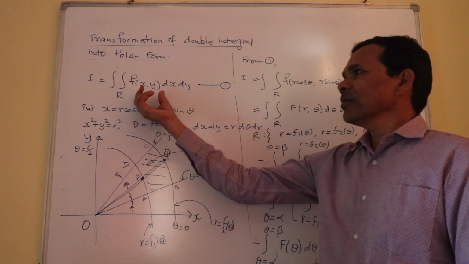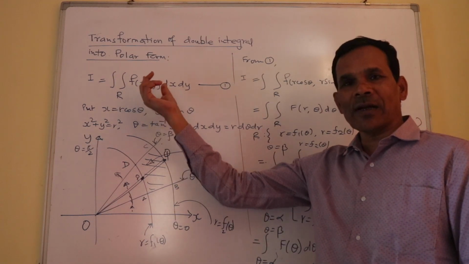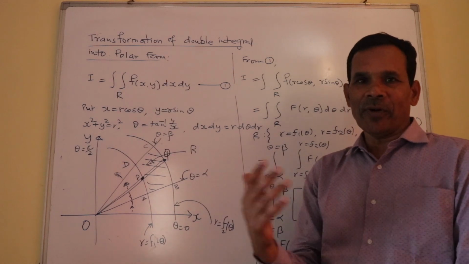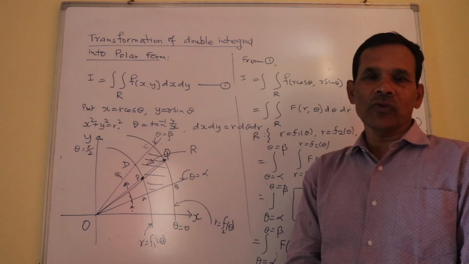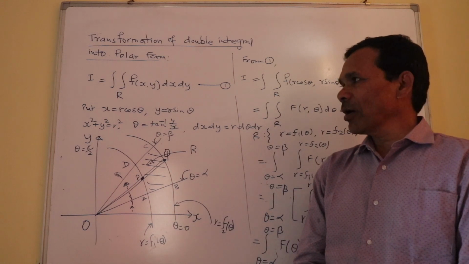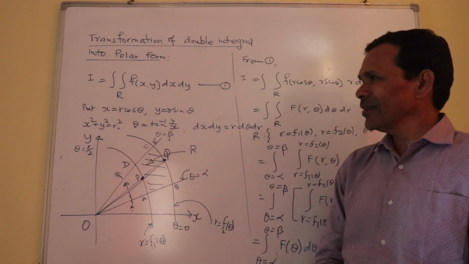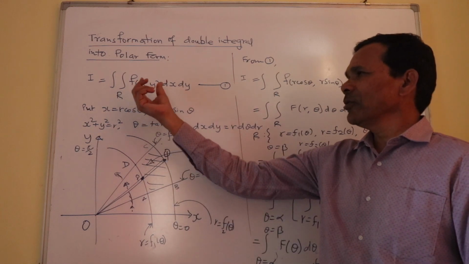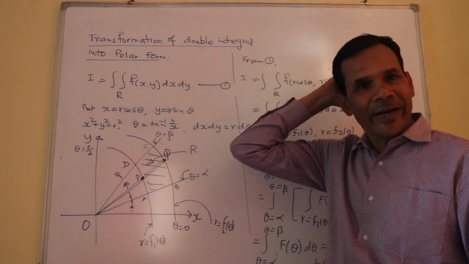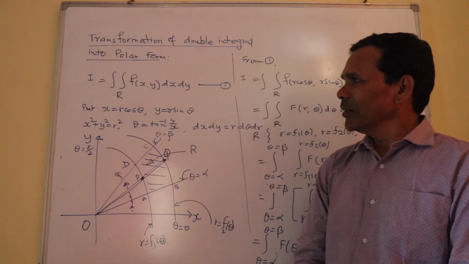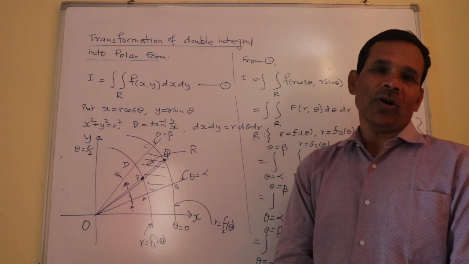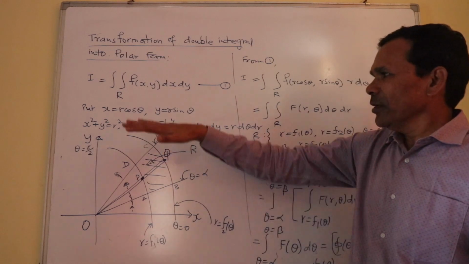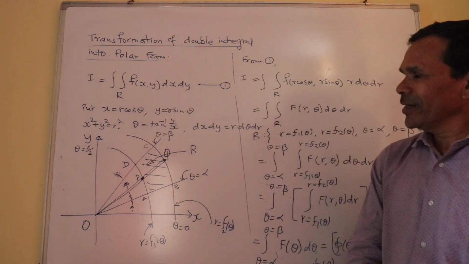In that case, normally if the integrand has squares, circles or ellipse, this type of function is there, we normally transform into polar coordinates. That is the only reason: it is not possible to integrate this integrand by the traditional method with respect to x or with respect to y. So we transform into polar coordinates.